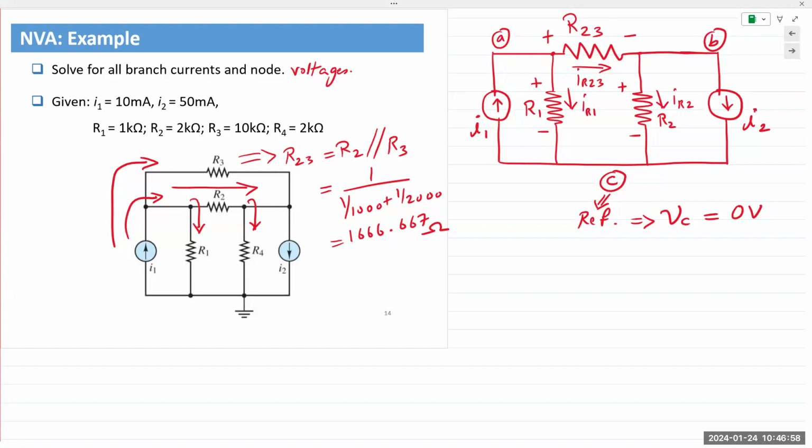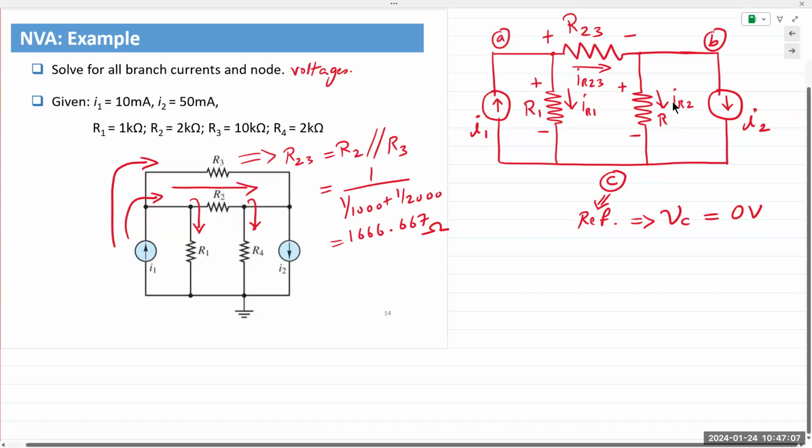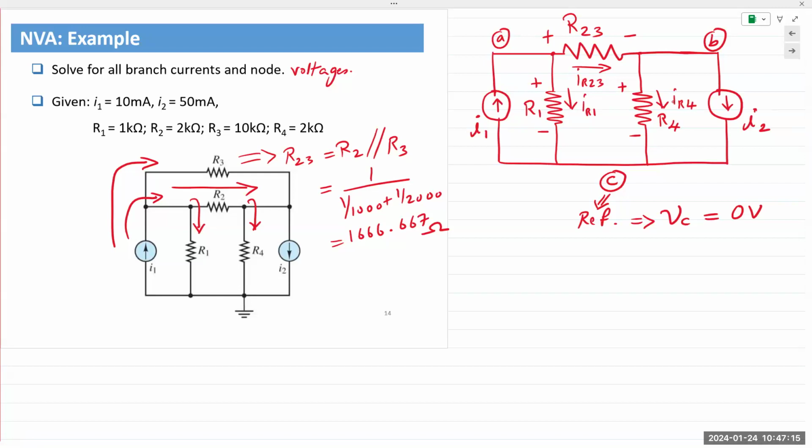Make sense? Any questions so far? Oh, yes, R4, thank you. This is R4. All right. So it's this bottom node right here. This circuit, I could also draw it like this.